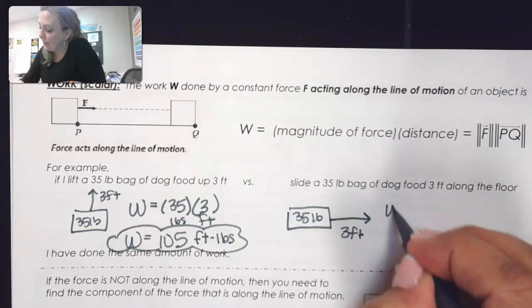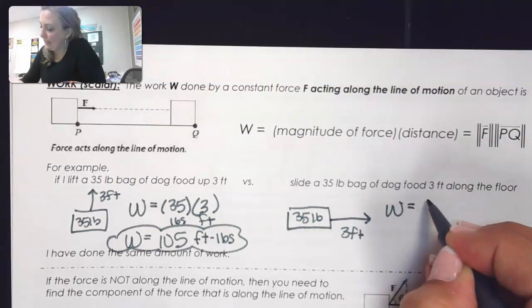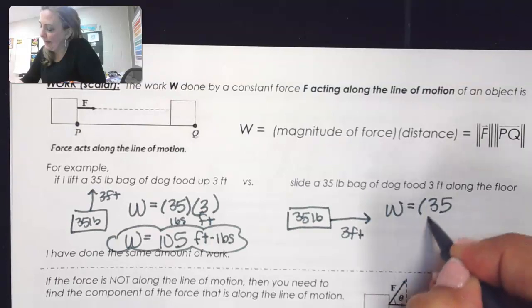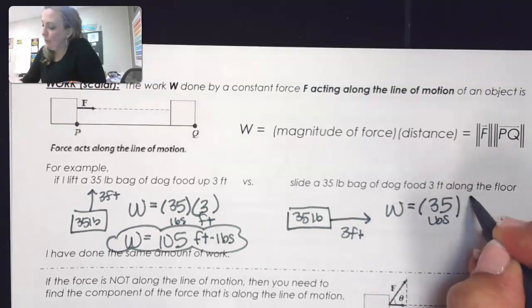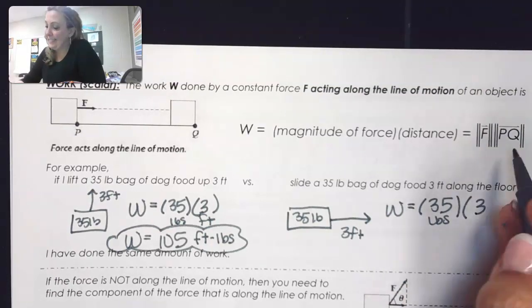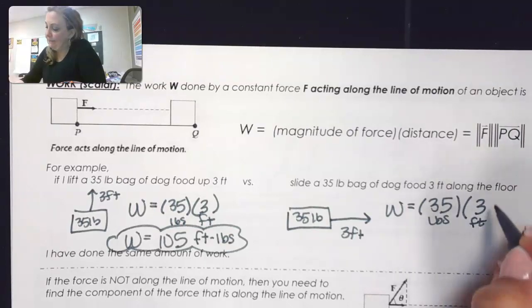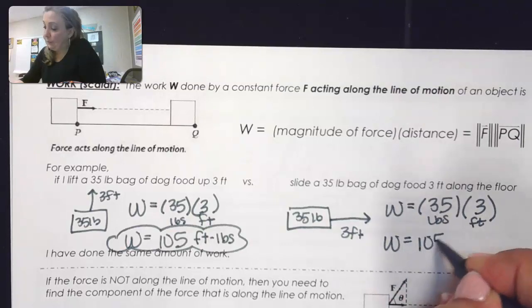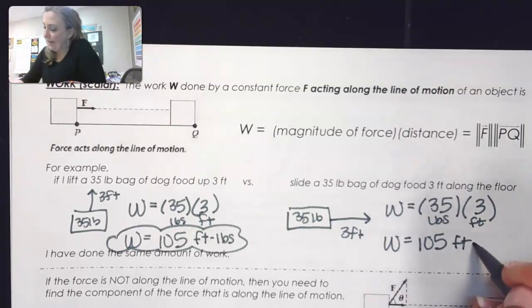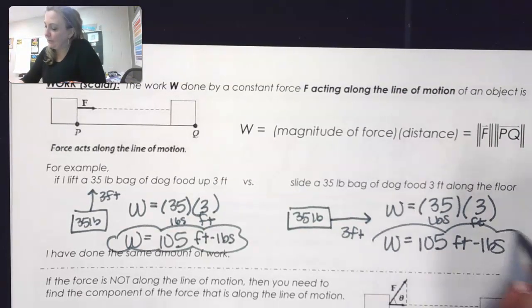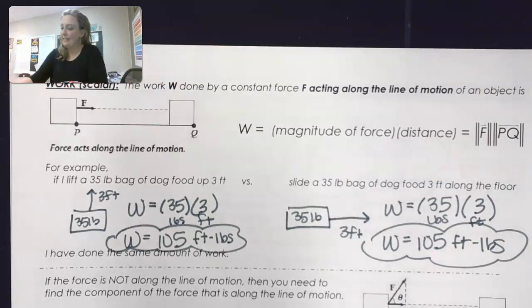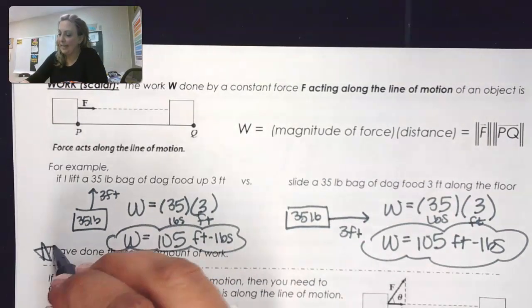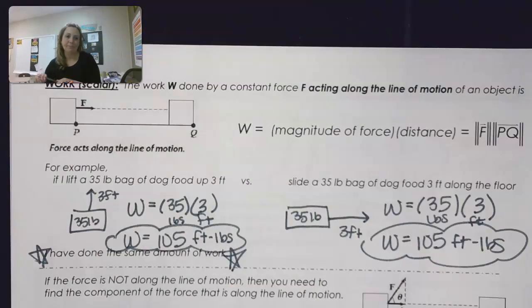As far as our work is concerned, we're still going to take the force, which is 35 pounds, multiply it by the distance I'm moving it, 3 feet, and we see that that work would be, once again, 105 foot-pounds. So notice that these are the same. I have done the same amount of work.